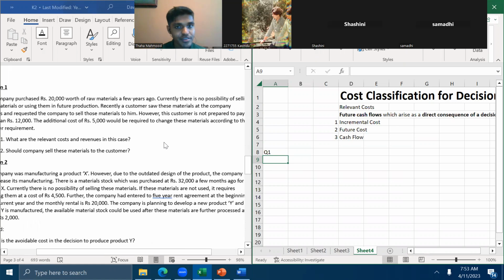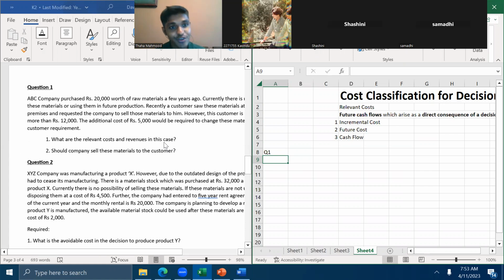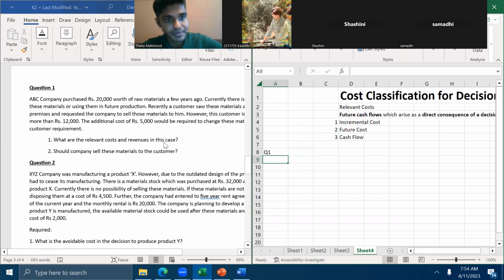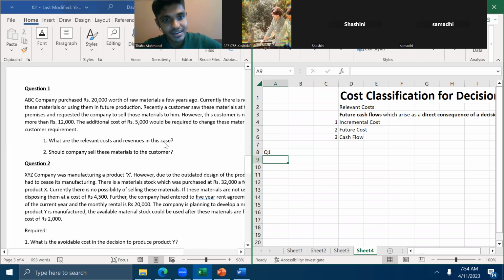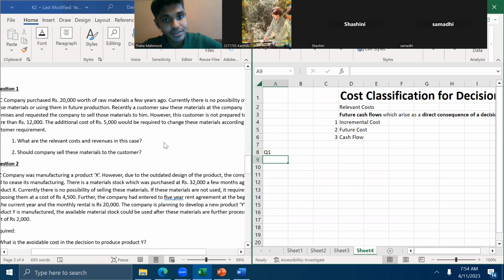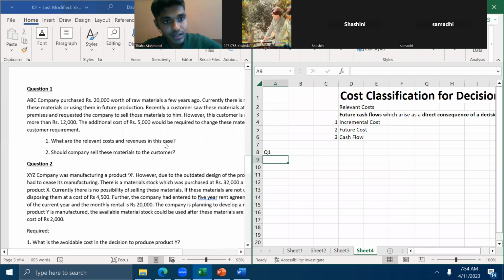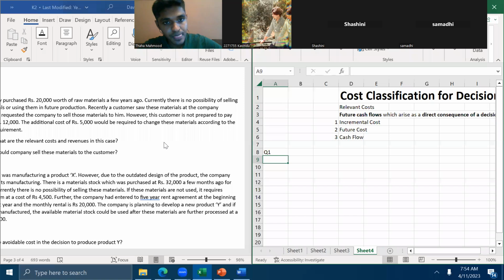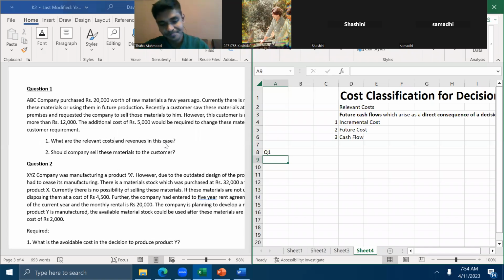Currently, there is no possibility of selling these materials or using them in future production. Recently, a customer saw these materials at the company premises and requested the company to sell those materials to him. However, this customer is not prepared to pay more than 12,000. The additional cost of 5,000 would be required to change this material according to the customer requirement.